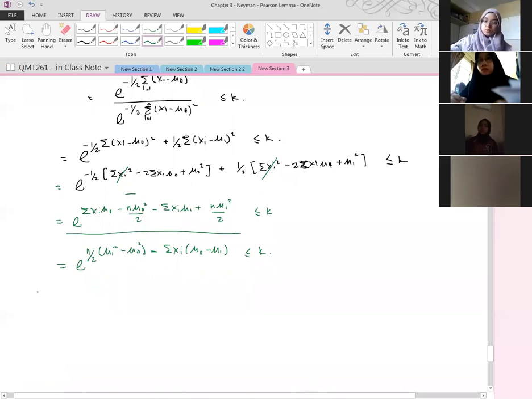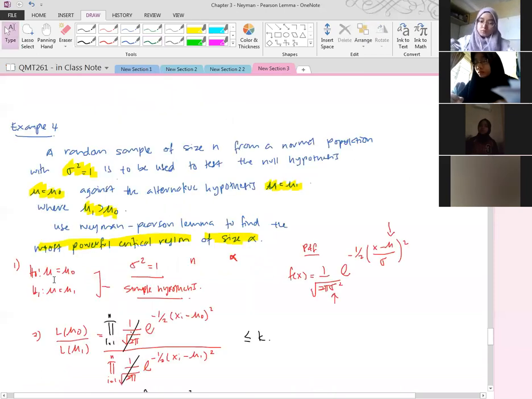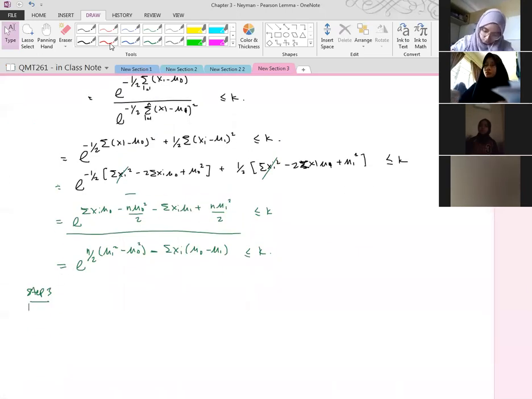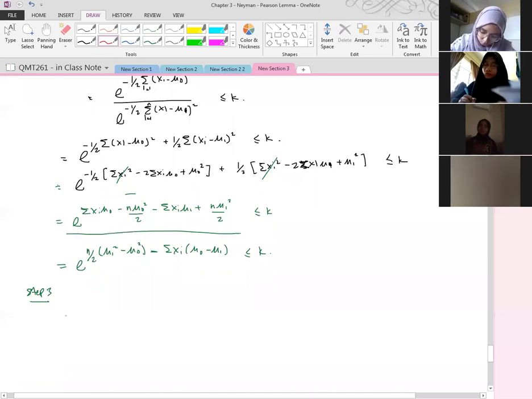So step number 3. So this is step number 2, and step number 3 is, since we have exponential on the left hand side, we take ln on both sides, right? Ln on both sides.